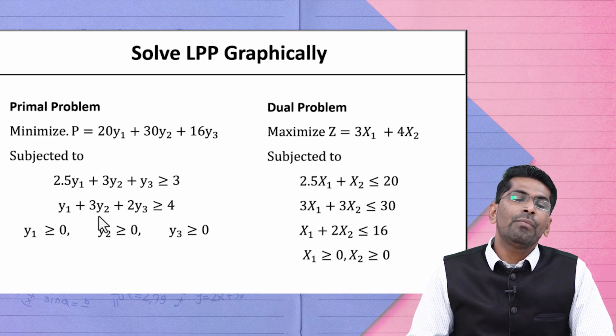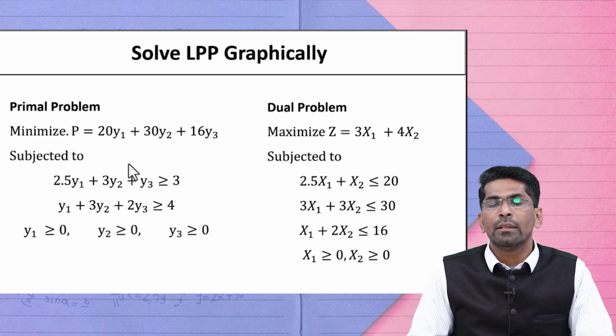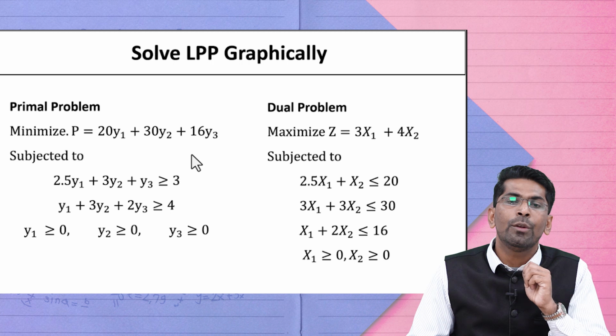Now if you go for finding the solution of the given minimization problem using the graphical method, we can't represent it practically because we have 3 decision variables here, y1, y2, y3.